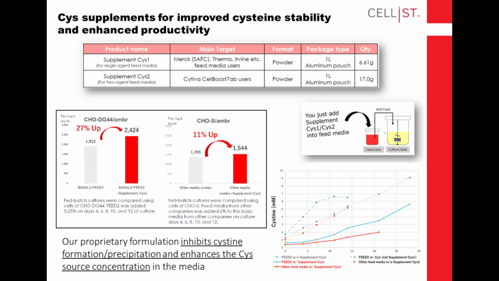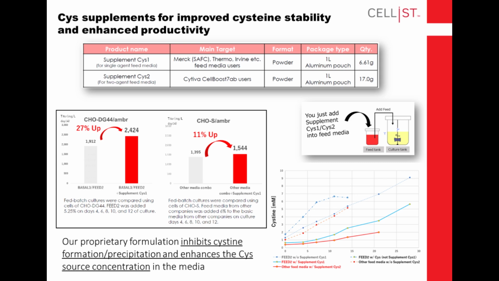The main 2 points of this feed supplement is increase of titer. We saw on one of our cell lines up to 27% increase just by adding that supplement. And as you see, the graph at the bottom right side shows you the concentration of cysteine.